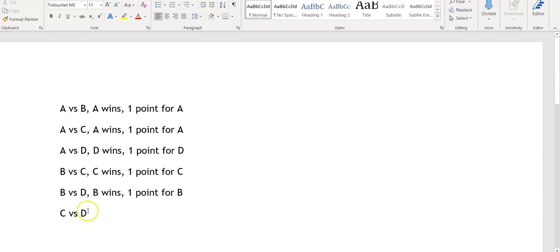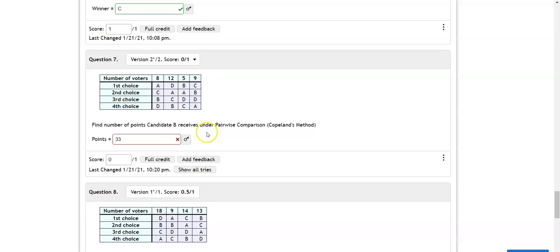All right, now C versus D. C is higher than D, so C is going to get these 8. D, however, is going to get these 12. And then D is higher here, so it gets these 5, that's 17. But C is higher here, and it gets 17.